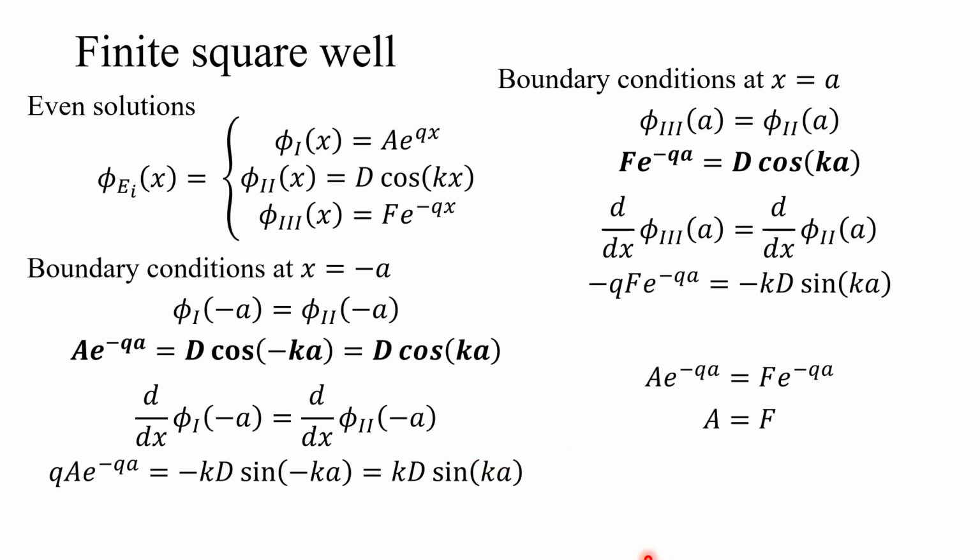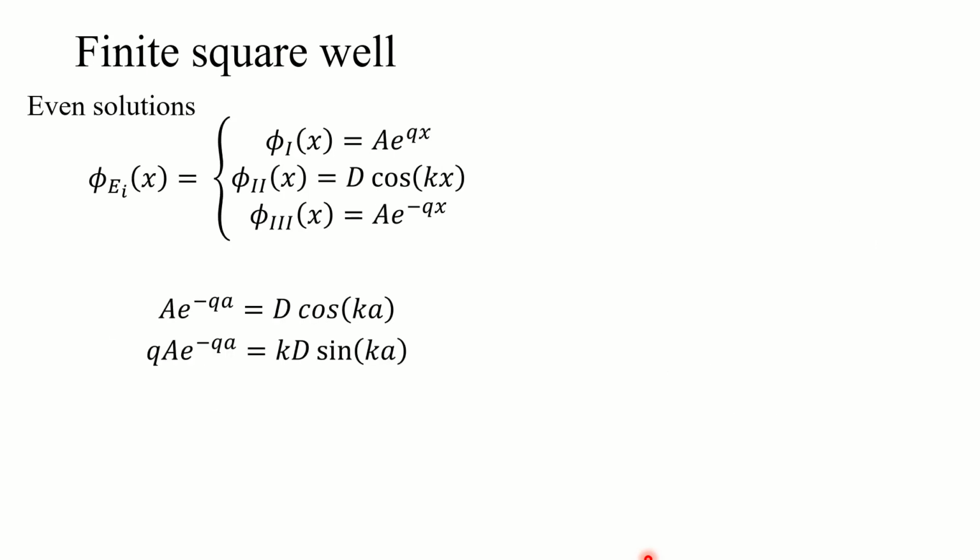If we're looking at even solutions, a boundary at positive x is going to give us the same equations as a boundary at negative x, or a, I guess, is what we've been using. But anyway, those two equations are this. We have our solution now with a substituting a for f because they're equal. Our even solutions for our energy eigenfunctions are this, and we have these two equations, right?